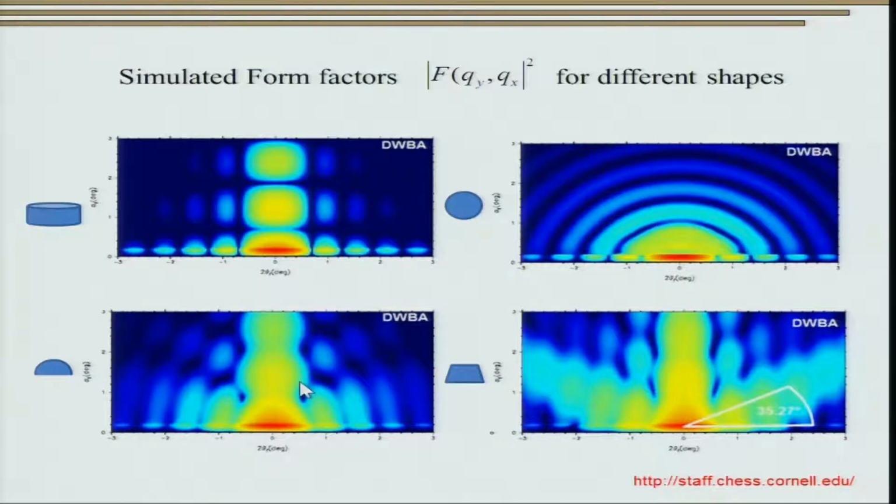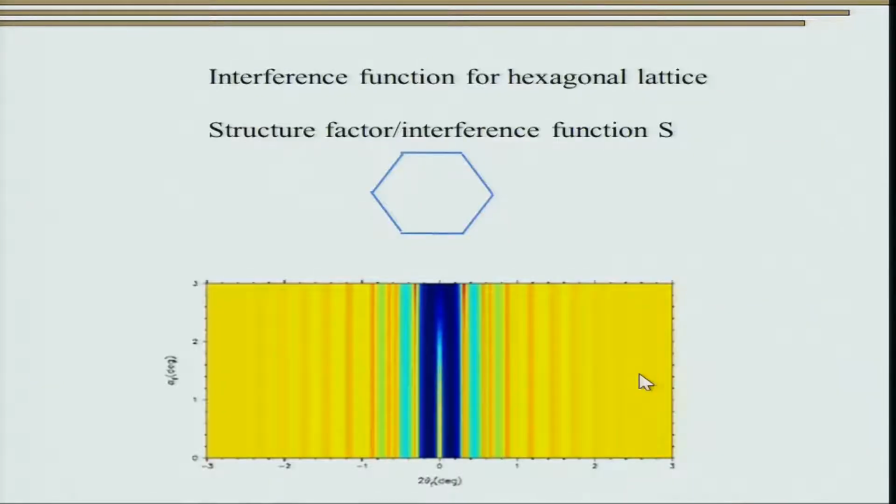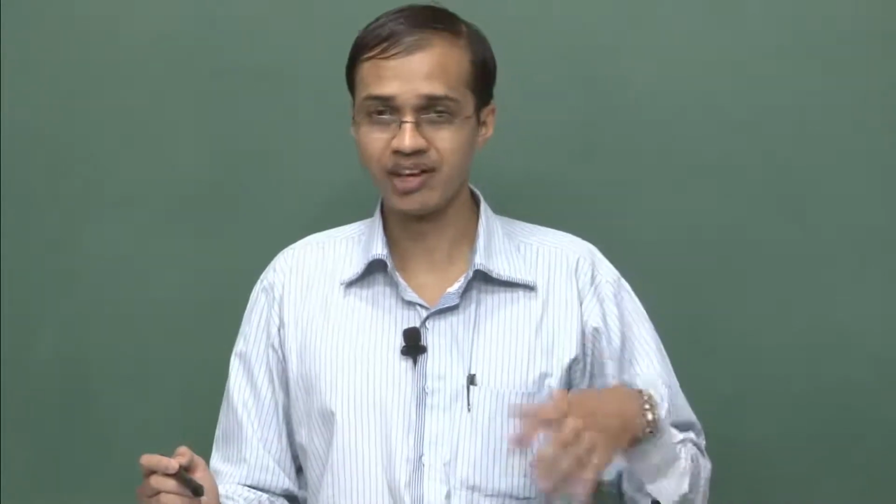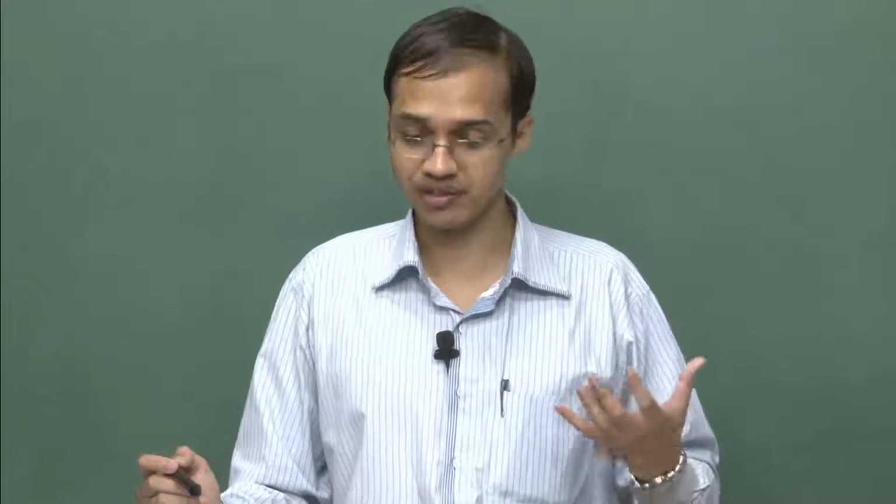You can see how different it looks, and depending on the form factor, we can find out the shape of the particles. At the same time, I talked about how keeping the nanoparticles in 2D can give rise to what is known as the interference function.